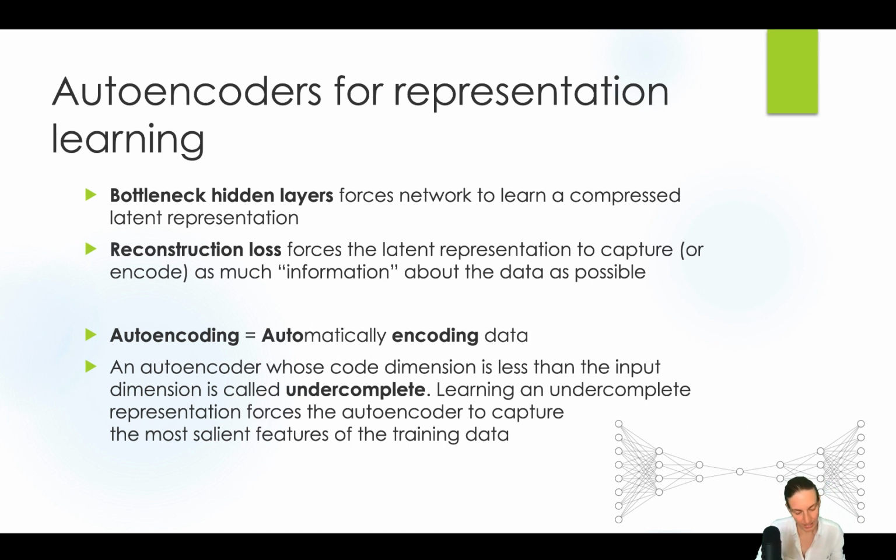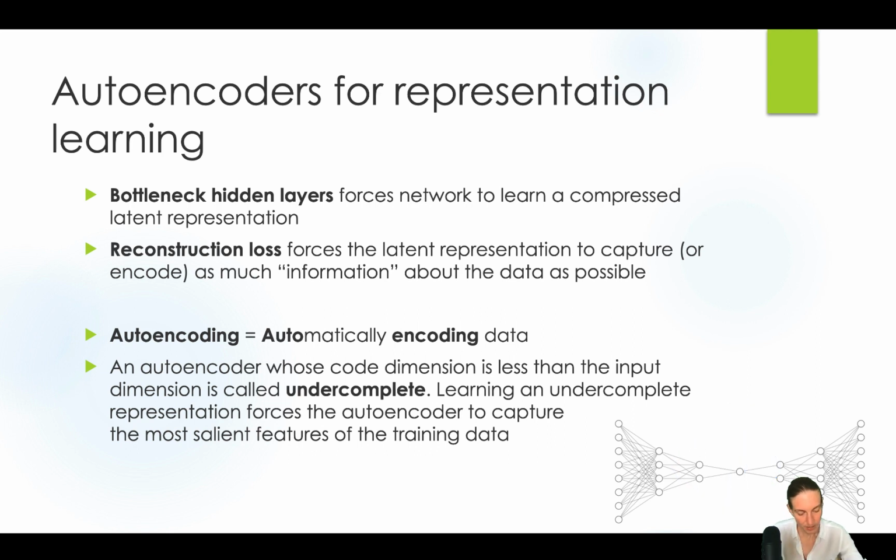So these smaller bottleneck layers are actually forcing the network to learn a compressed latent representation. In this example here, it looks like there's only one node for Z. That's most likely not going to be enough. To represent an entire image using one number, you can imagine that there's a lot of loss of data here.